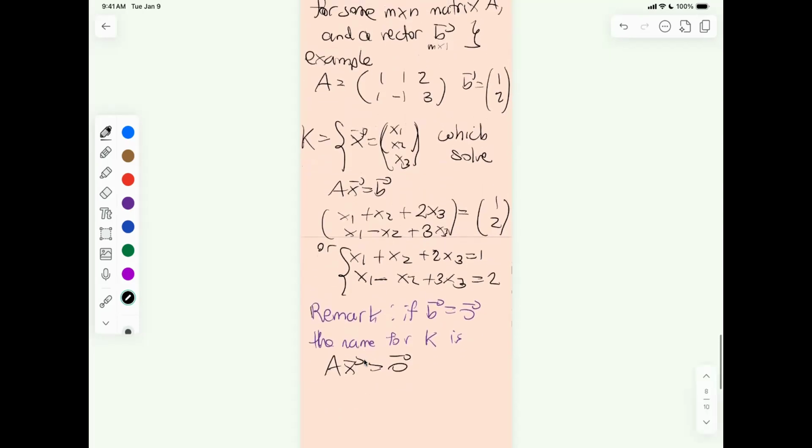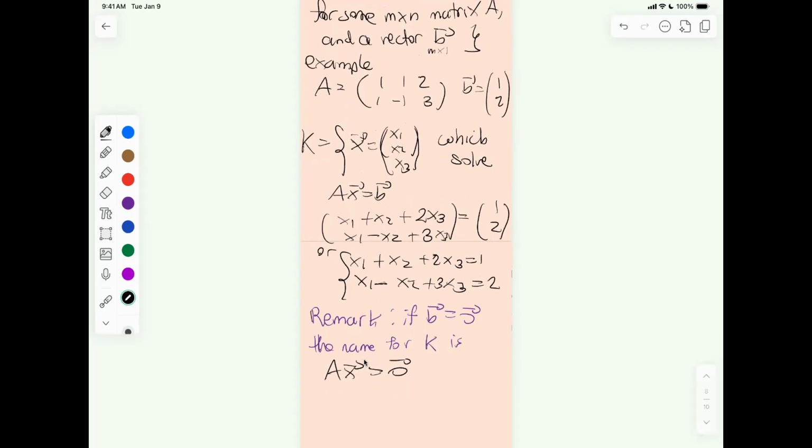This was called the null space, and because it was a vector space, the dimension of that was called the nullity. But the set K was called the null space of the matrix.